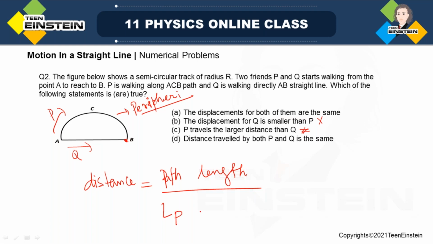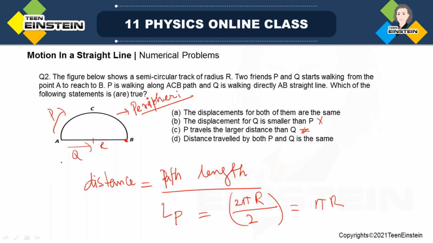The path length, I say LP, traveled by the person P, is actually 2 pi r, where I say r is the radius of the semicircle, divided by 2. Half of the periphery it is traveling from A to B. So this will be pi into r.